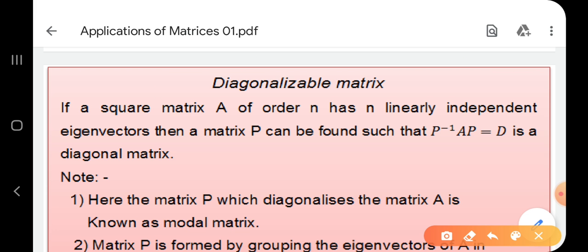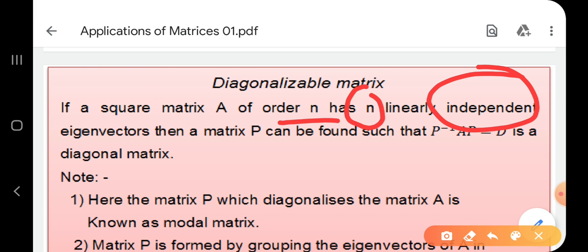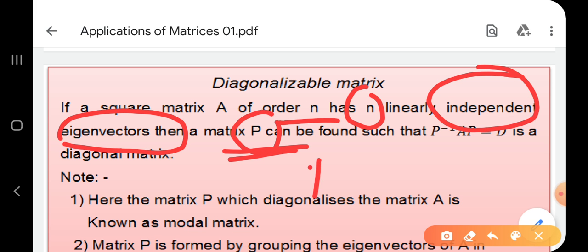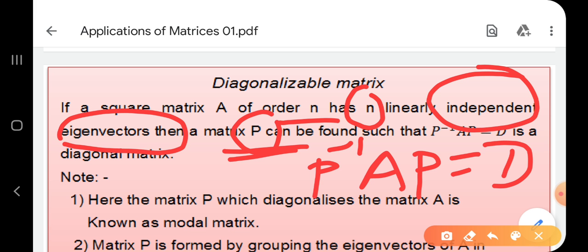So let us take the definition. If a square matrix A of order n has n linearly independent eigenvectors, this word is important here, linearly independent, then we can find a matrix P such that P inverse AP is equal to a diagonal matrix D. Meaning if I multiply by its inverse and that matrix P to matrix A, then matrix A gets converted into a diagonal matrix, and this process is called diagonalization.